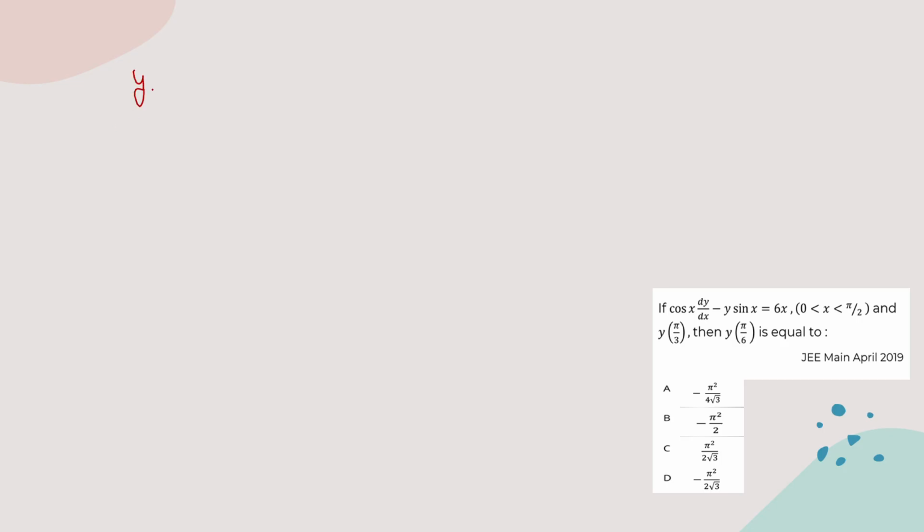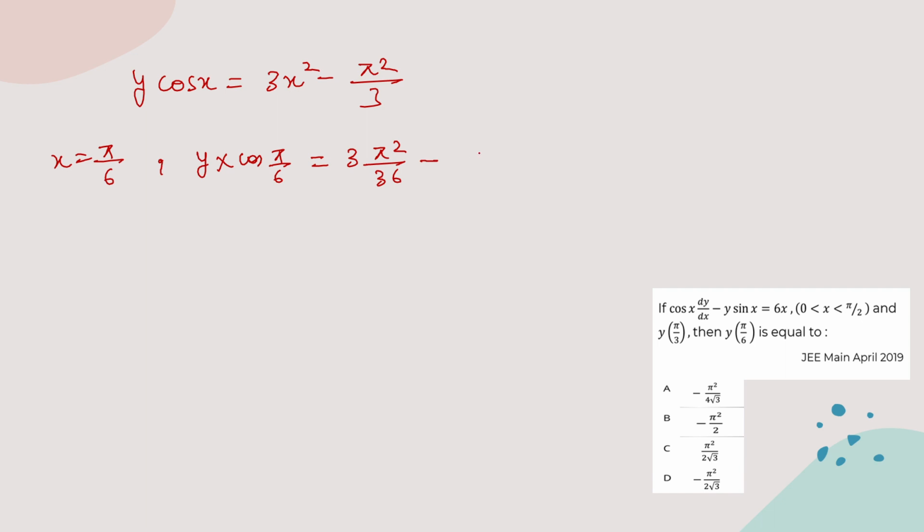So we got y cos x is equal to 3x square minus pi square by 3. Okay, now x is equal to pi by 6 we will put. So y into cos pi by 6, that is cos 30 degree, is equal to 3 into pi square by 6 square, that is 36, minus pi square by 3.